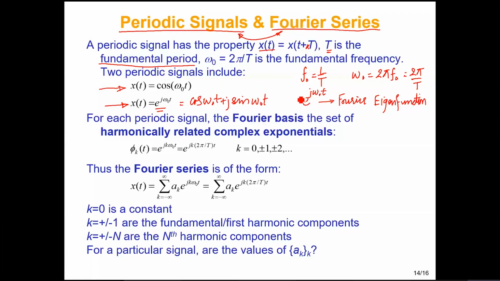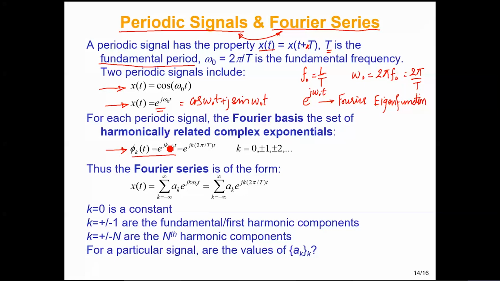So any periodic signal can be expressed in terms of complex exponentials. The whole series of eigenfunctions phi k of t that Fourier proposed was of the type e raised to the power of j times omega naught t, or any multiple of omega naught times t. All of them are eigenfunctions.